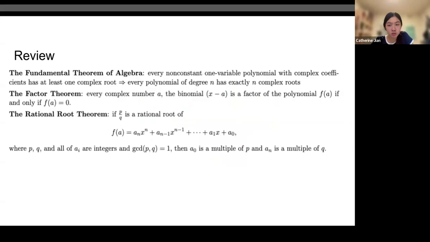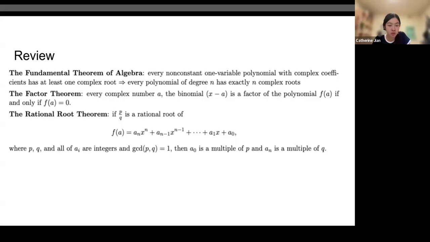Okay, so this is a review from probably Algebra 2. The fundamental theorem of algebra states that every non-constant one-variable polynomial with complex coefficients has at least one complex root, and every polynomial of degree n has exactly n complex roots. And the factor theorem states that for every complex number a, the binomial x minus a is a factor of the polynomial f(x) if and only if f(a) is equal to 0.